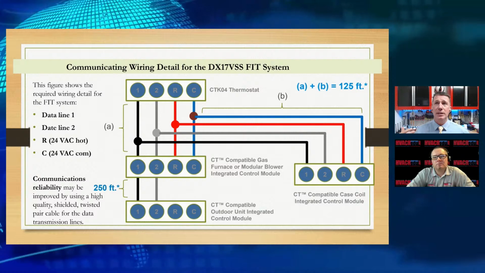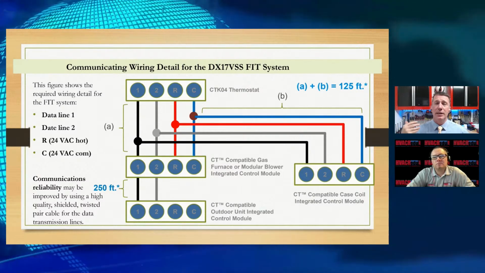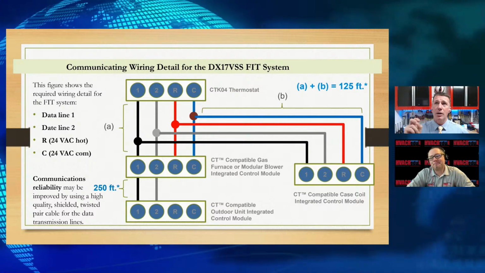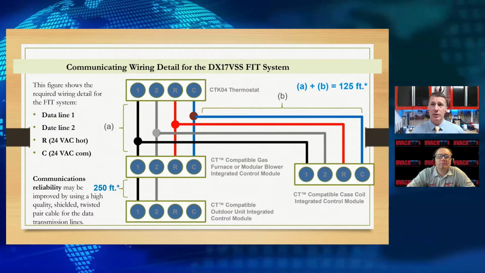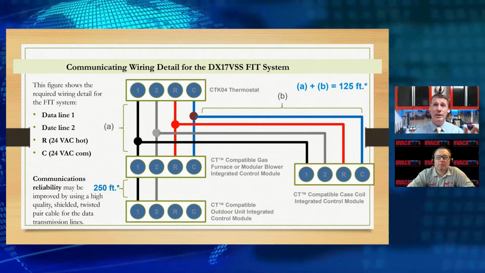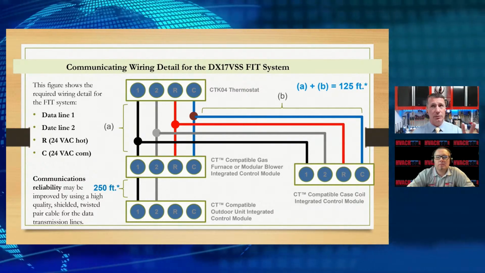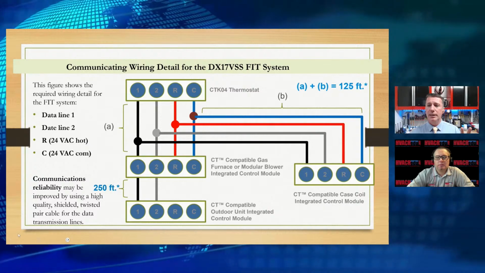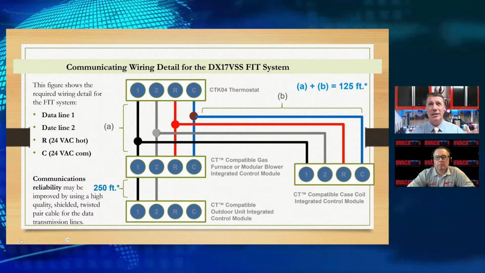When we're using a communicating outdoor unit, the board of the outdoor unit actually has a power supply built on it, so we're not going to be connecting R and C. We're just supplying the 2 wires. But if we have a bad ground within the system, we can really have some issues. I'll talk about that in a minute once we get a little deeper into what's going on with these wires, because it'll make so much more sense.